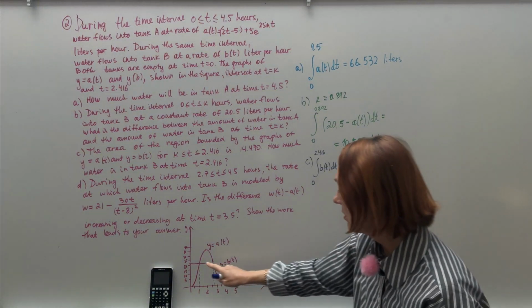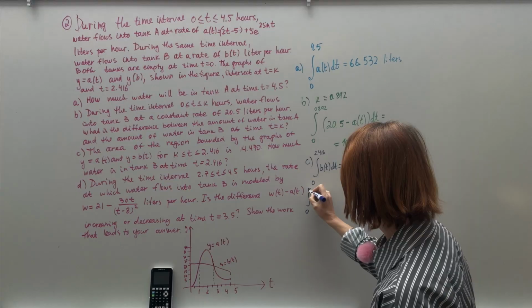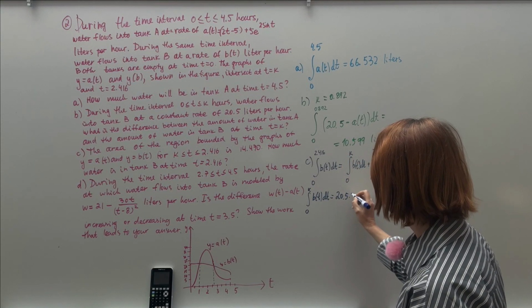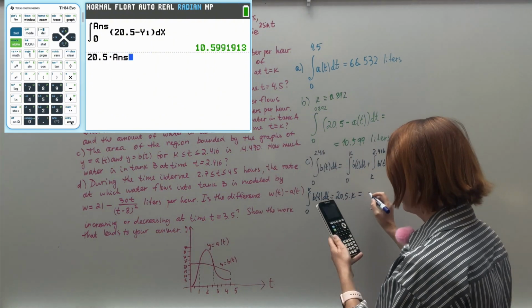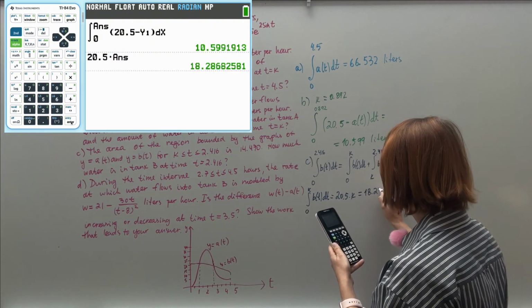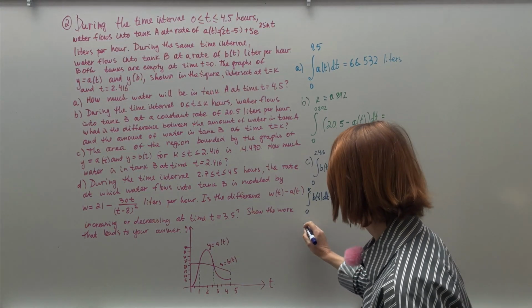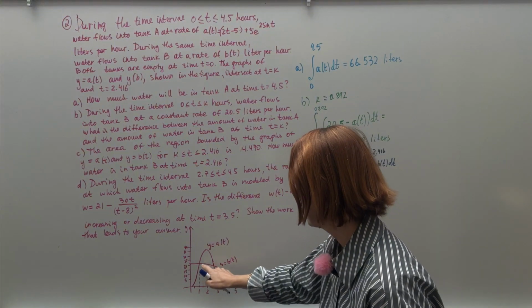This one is just the rectangle, so the area from 0 to k is 20.5 times k, which we found, and that's going to give us 18.286 on a calculator.